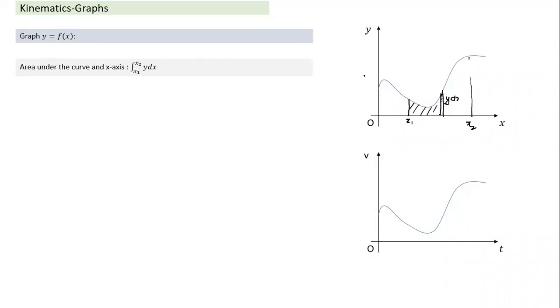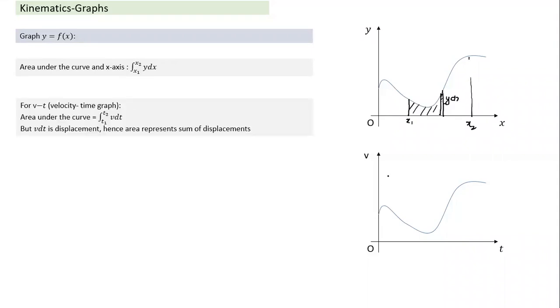And what is applicable in mathematics, a similar thing will apply in physics. Let's see, if we have a VT graph. In the VT graph, if I take the area under the VT graph and the t-axis, what would that indicate? First of all, if I take a small time interval, what does v into dt indicate? Whenever we multiply these two quantities, v into dt signifies a third physical quantity. V dt here means displacement.